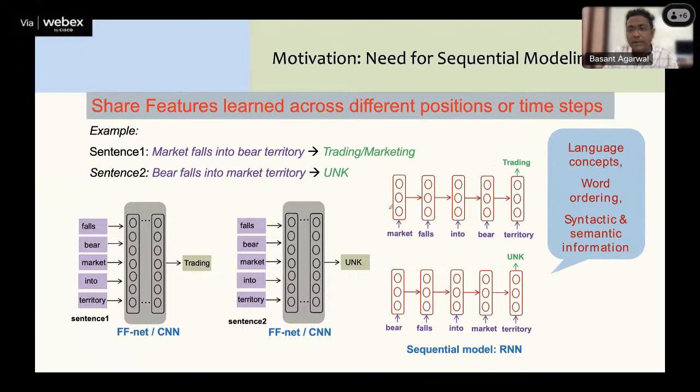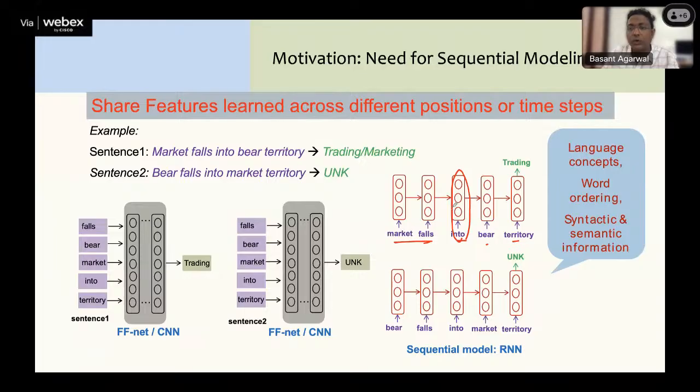Today we will see how we can process all the words. First we process market, then falls, then into, then bear, then territory. Whenever we process any given word, we also see the previous words, which was not there in the feed forward or convolutional neural network.